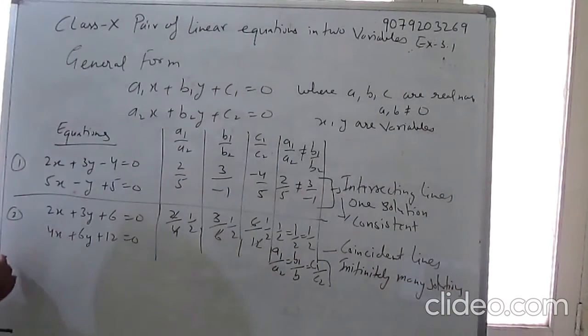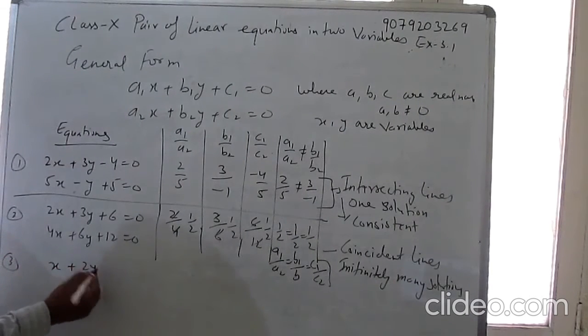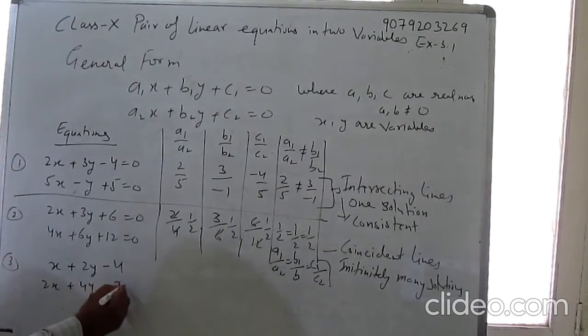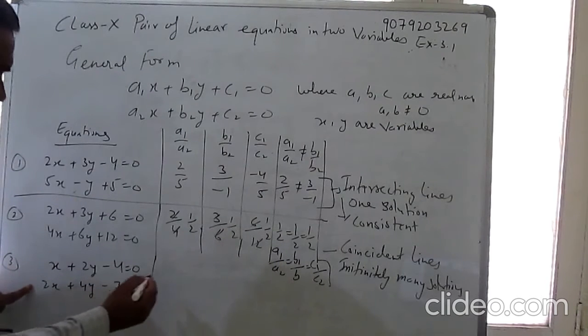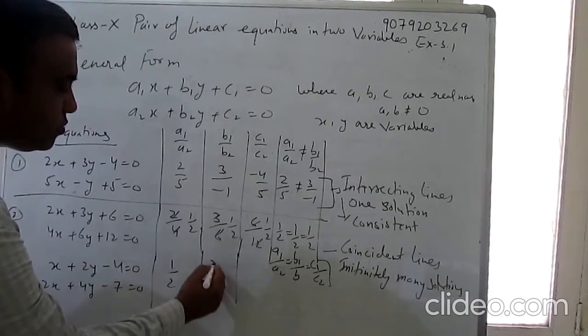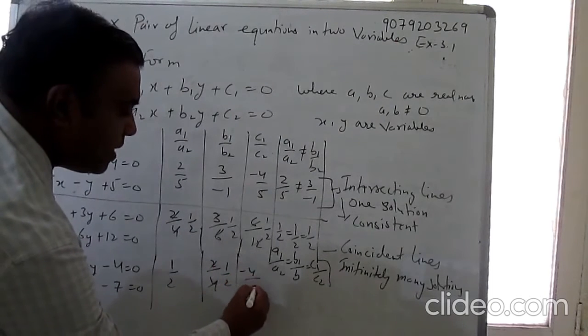Last, the third condition. If I take x + 2y - 4 = 0 and 2x + 4y - 7 = 0, then 1 upon 2, 2 upon 4 also becomes 1 by 2, and minus 4 by minus 7.